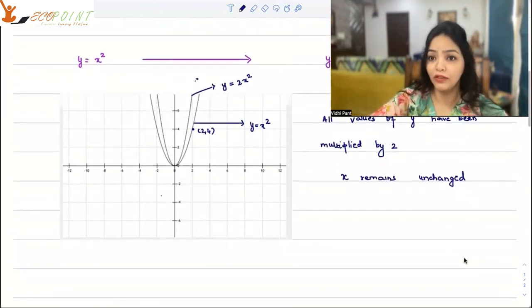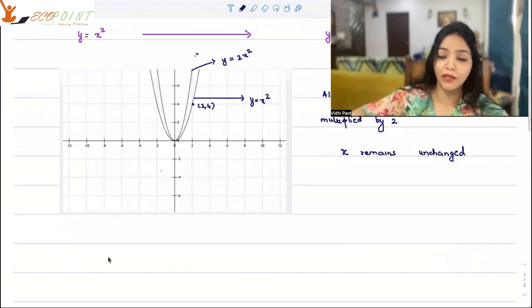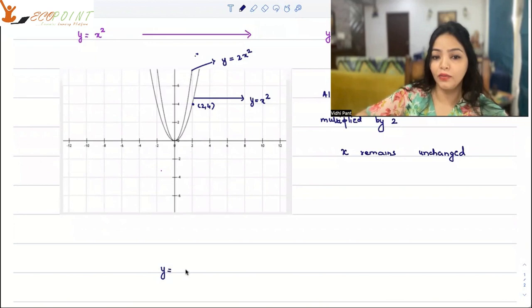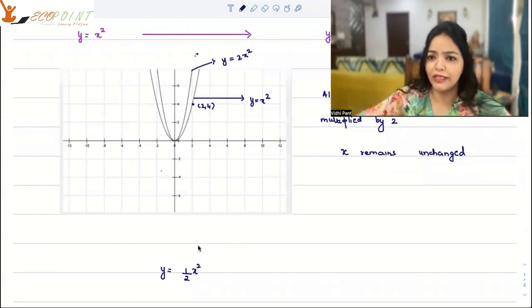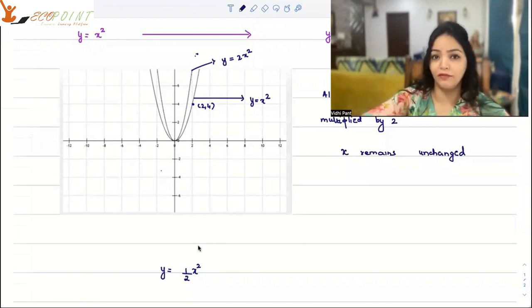Similarly, if you know the graph of y equals x squared, you can also visualize the graph of y equals half of x squared. Previously, we've done twice of x squared. Now you can halve it. Each value of y is getting multiplied by half.